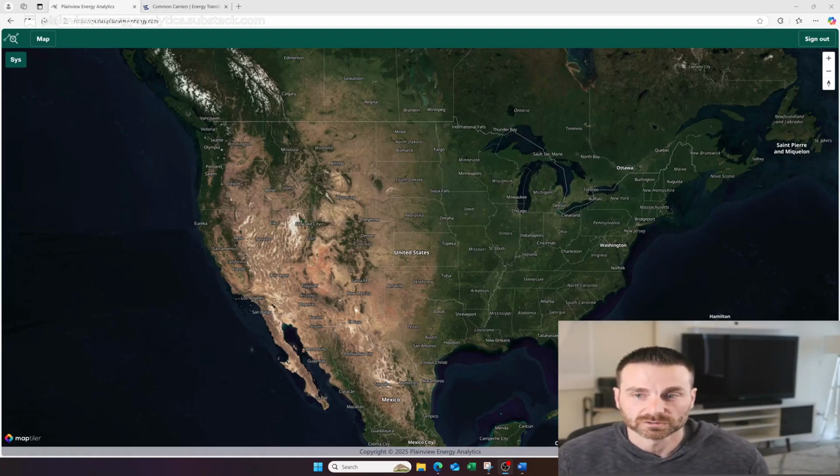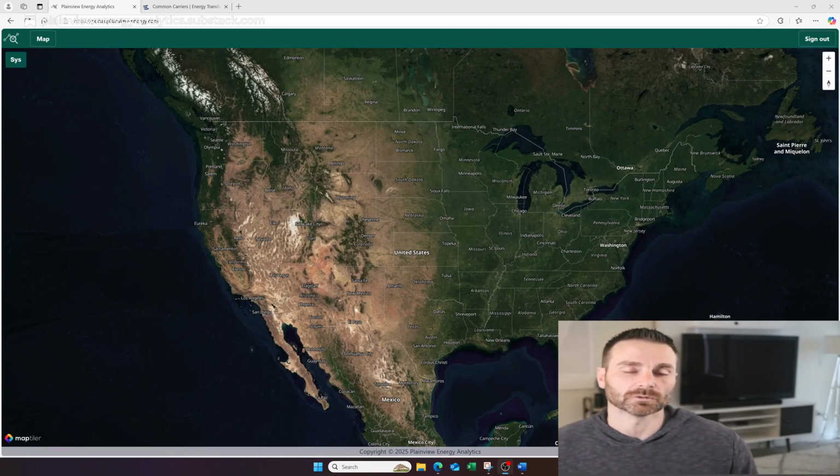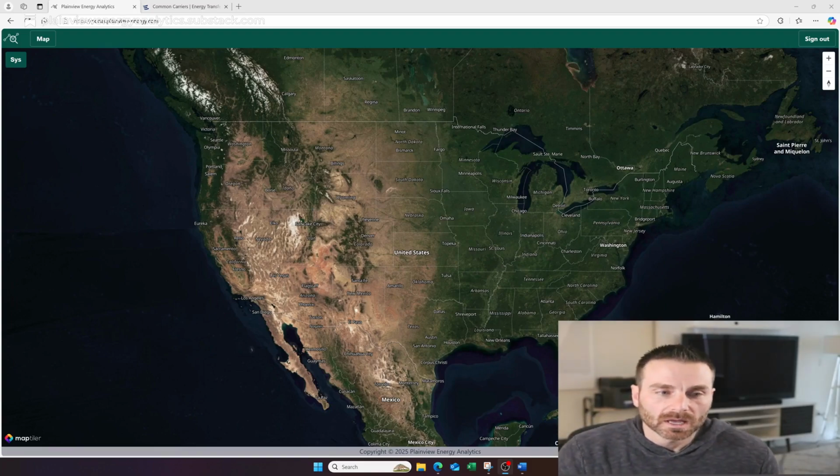Really our goal is to aggregate, clean, organize, and then put it into a visualization that makes it easy for clients to get to this oil data for pipelines, and then expand to maybe some other areas that feed the pipelines and things like that down the road.